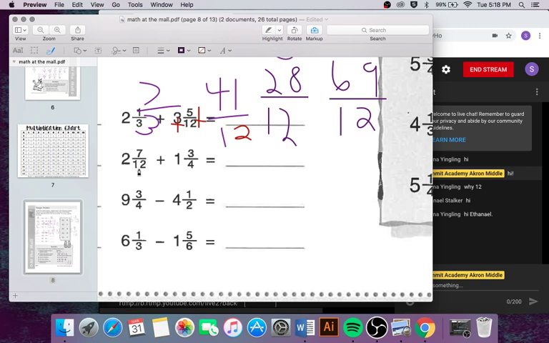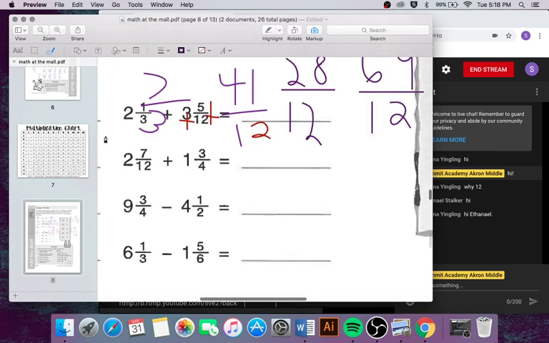So to do that, we multiply the denominator times the whole number. So we have 12 times 2, which is 24. And then we need to add the numerator. So we're going to have 24 plus 7, which is 31. So over here we're going to have 31 over 12.